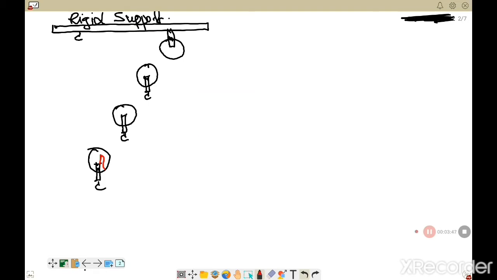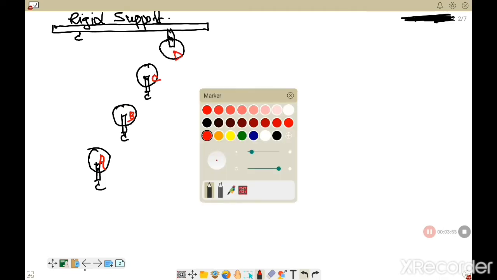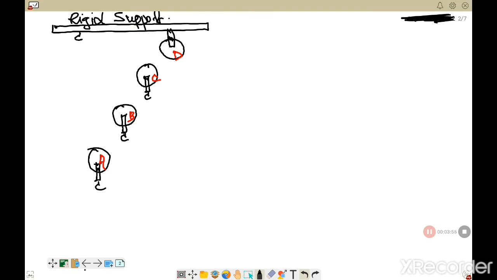This is my pulley A, pulley B, pulley C, and pulley D. Here I have the hook for pulley A, here another hook for pulley B, and here another hook for pulley C. So here the three pulleys A, B, C are movable and D is the fixed one.